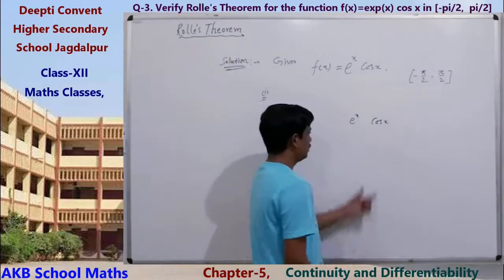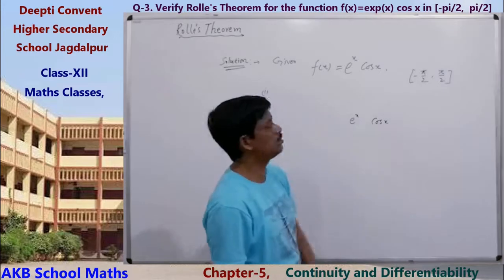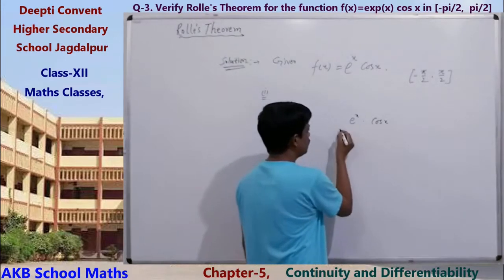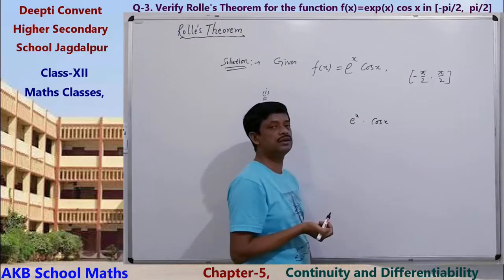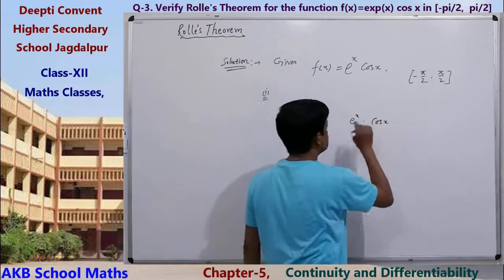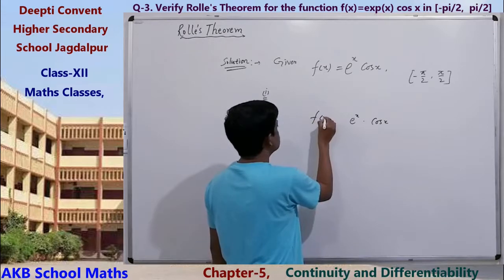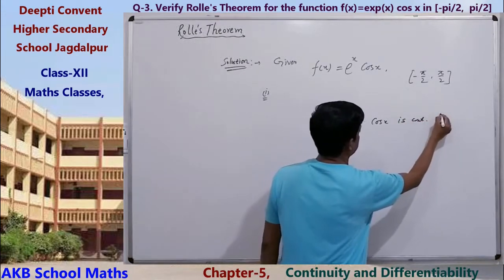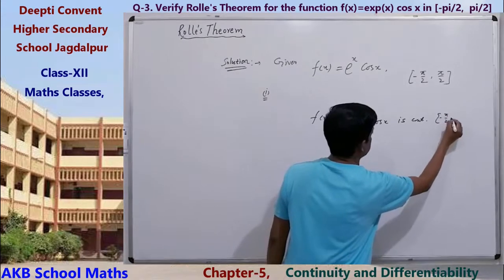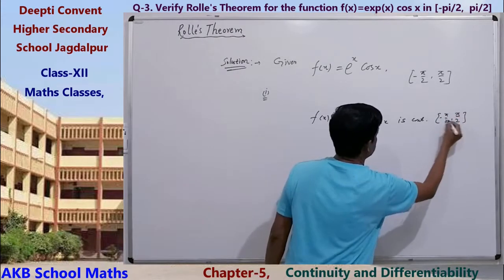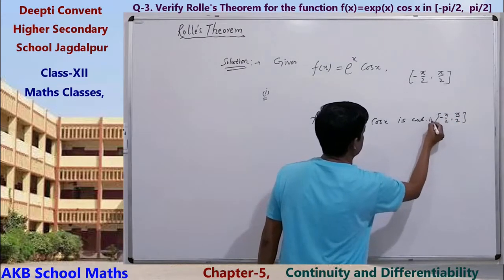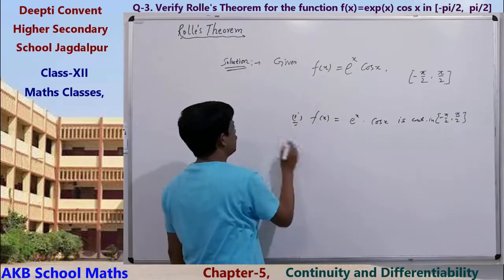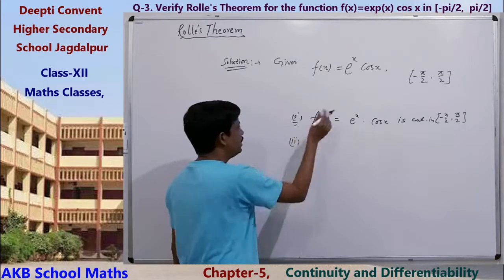Clear? Their common domain is the whole real numbers. So continuous function times continuous function is also continuous in the interval. So f(x) is continuous in minus pi by 2 to pi by 2. Okay? First condition satisfied.